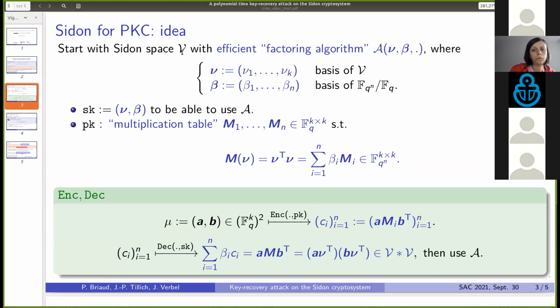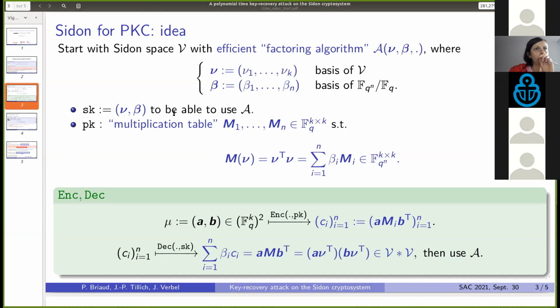To construct the scheme, we need a Sidon space V which admits an efficient factoring algorithm A. In particular, the secret key is the parameters of this algorithm: first, a basis nu for V and a basis beta for the extension field. On the contrary, if you want to encrypt, you must be able to perform products in V without knowing the structure.